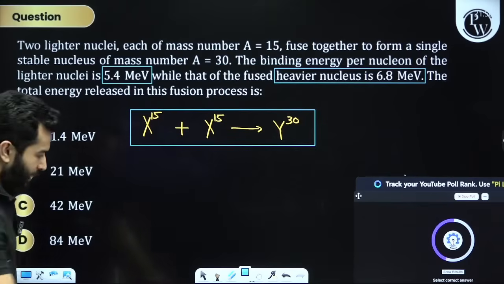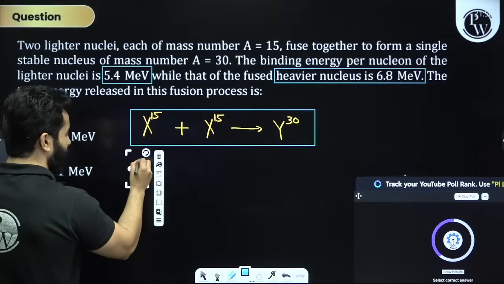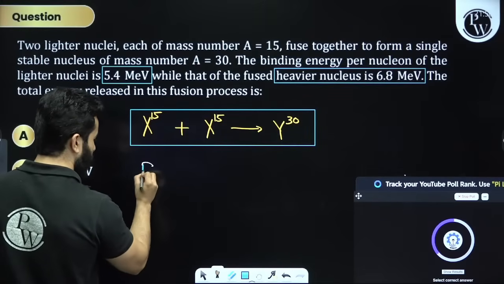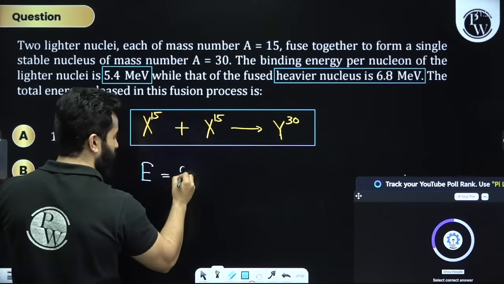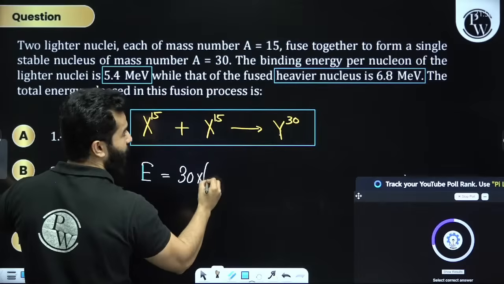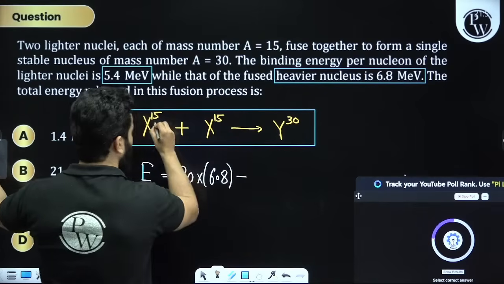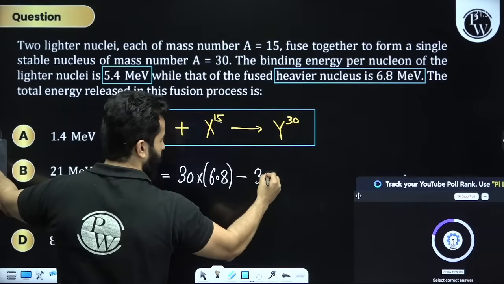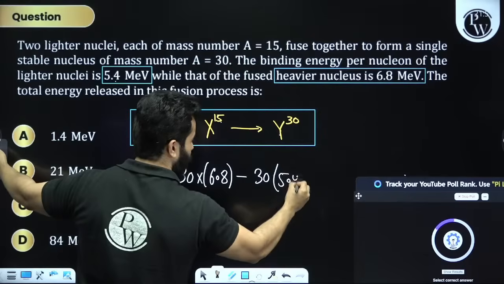So if you want to find the total energy released, you take the total binding energy: 30 multiplied by 6.8 MeV minus 30 multiplied by the binding energy per nucleon, 5.4.